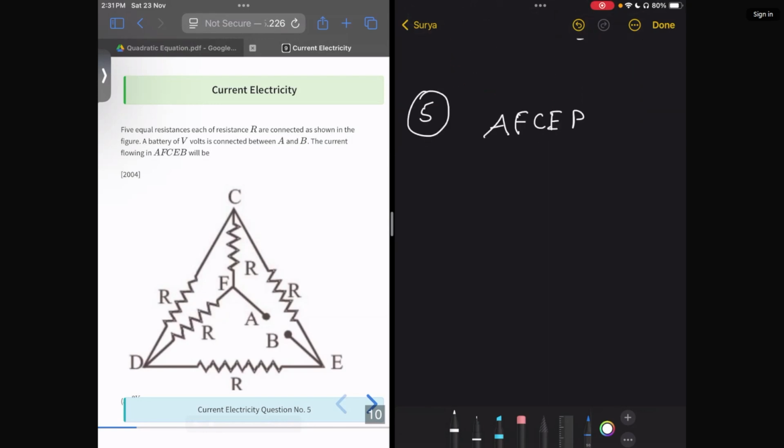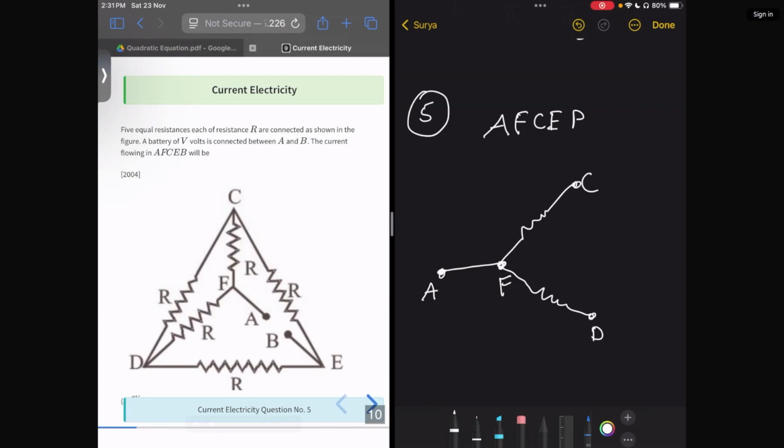We will start from A to B, right? A is connected to F, then from F there are two resistors, one to C and another to D, right?